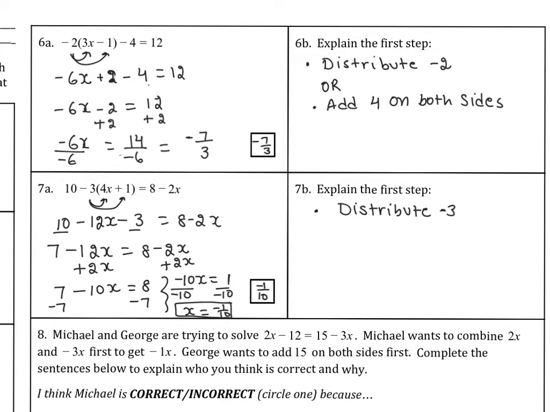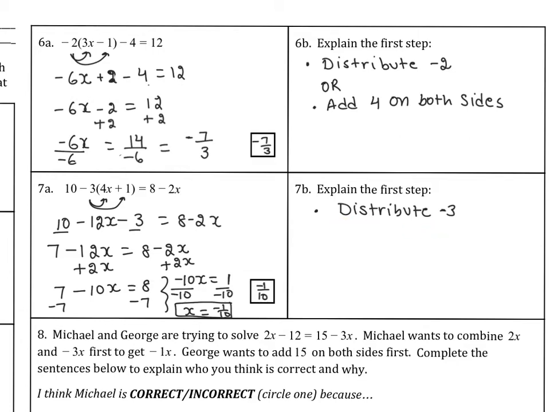So you're going to get 7 minus 10x equals 8. Subtract 7 on both sides, you're going to get negative 10x equals 1. Divide negative 10 on both sides. On this side, you're going to cancel the negative 10, you're left with x, and this side you're going to get negative 1 over 10. So the first step is to distribute negative 3 inside the bracket.